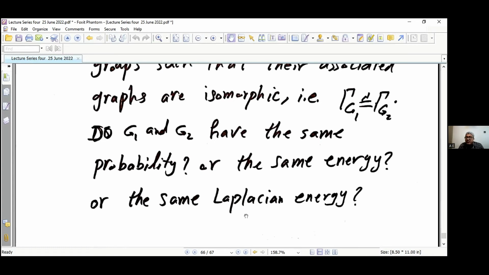we have two cases. The case one is that all eigenvalues of the associated matrix are integers. And the second case is that we may have some non-integer eigenvalues.